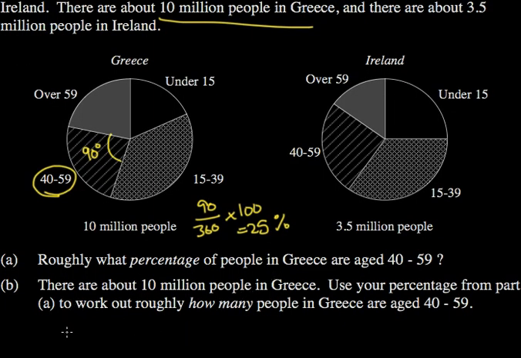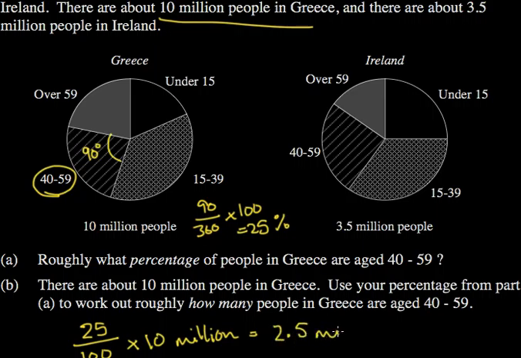The best way, I think, of doing this is to convert the 25% into a fraction, because 25% means 25 out of 100, and then multiply the fraction by the number 10 million. Simple as this. So by multiplying them, you should find that it's 2.5 million.